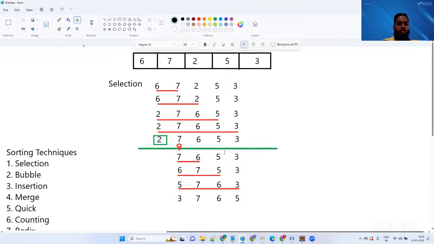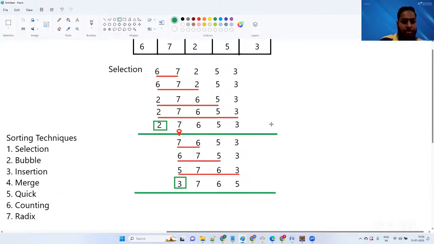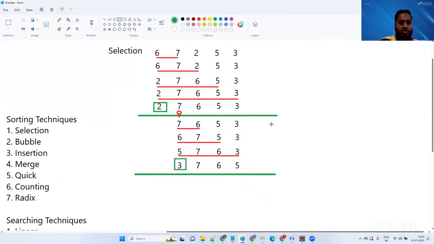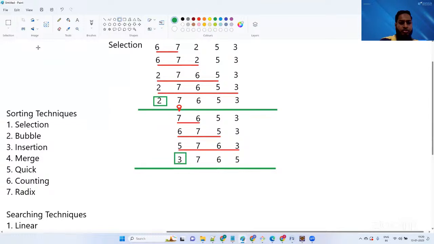And now there are no more iterations. So I've got my second smallest number also. That is my end of iteration 2. So here you have to just observe the lane discipline. That is the crux in your sorting. Just observe the lane discipline.